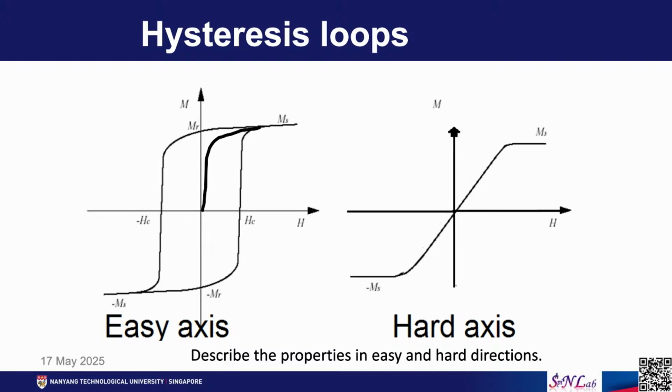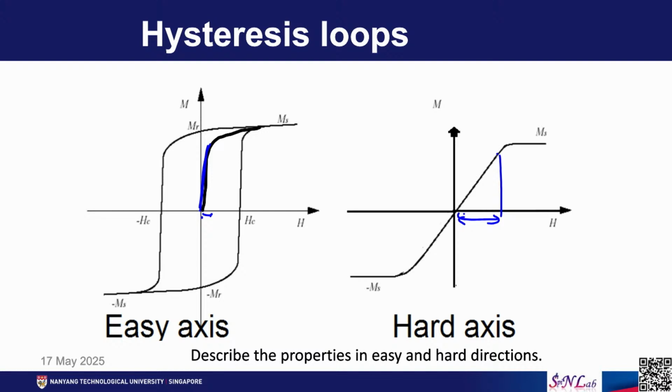Okay. So, if you measure properties of a sample in the easy direction and a hard direction, you will find these differences. For example, in the easy direction you need a very small field to raise the magnetization value very quickly. Here you see you need a much larger field to go to that same level. Somewhere here you need a much larger field compared to here.